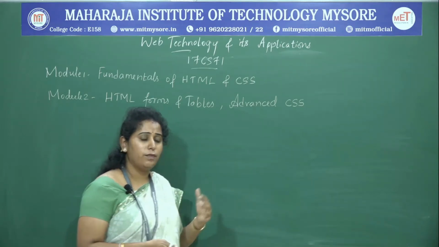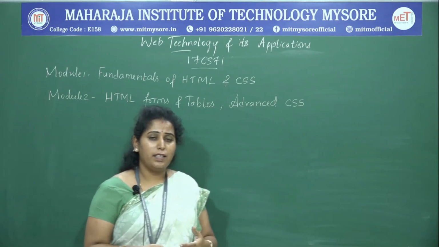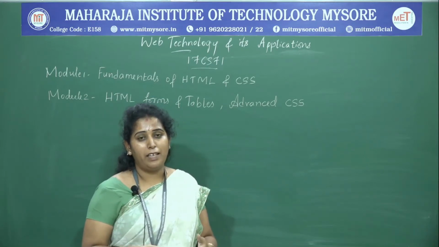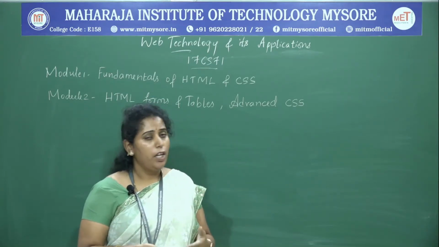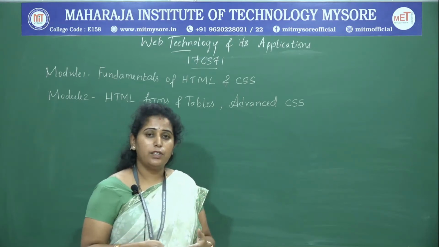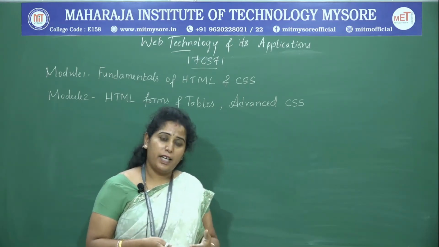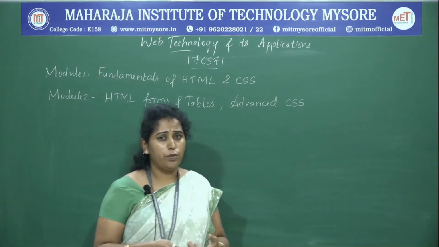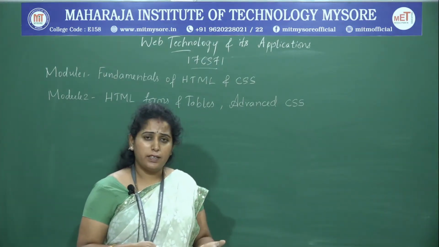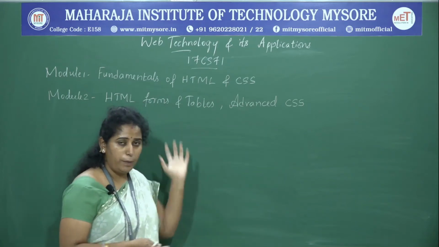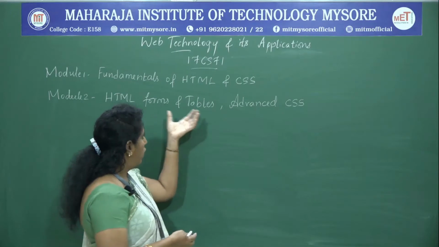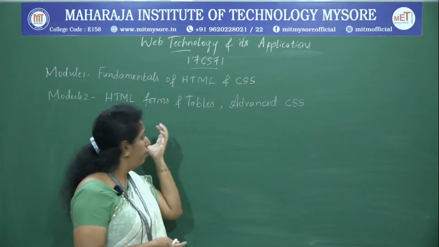A web page is not simply a text part or a paragraph. A web page consists of many types of data in the form of text, images, audio, video, and graphics. So many things can be appended to a web page, and likewise we can also add tables and forms.